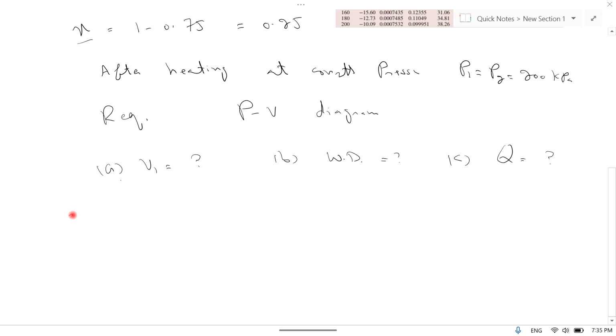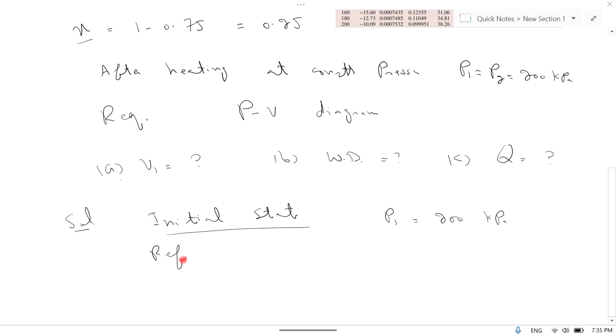So here we start the solution. There are two states. First we take the initial state. We know that initially P1 is 200 kilopascal.